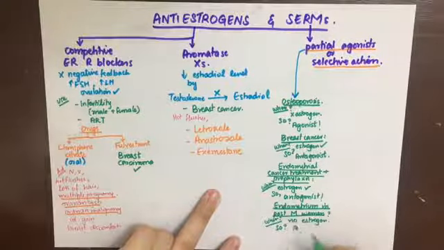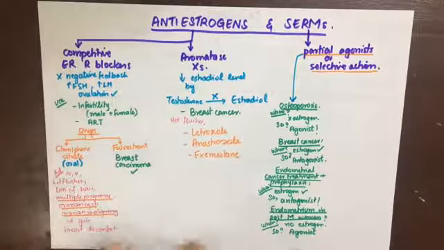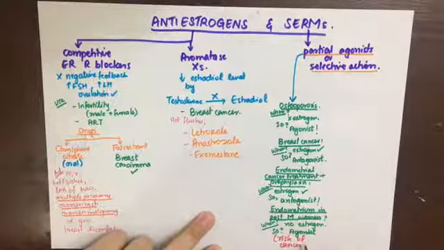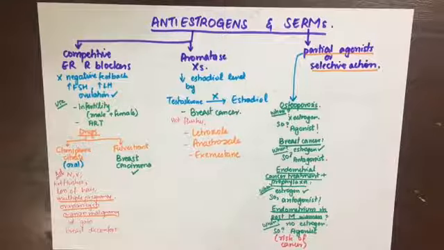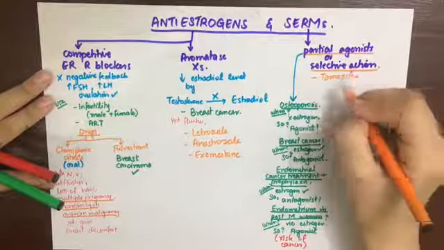Why? Because postmenopausally there is no estrogen, and in the absence of estrogen, these SERMs will act as agonists and thus increase uterine proliferation. The SERMs include tamoxifen, raloxifene, and ospemifene.